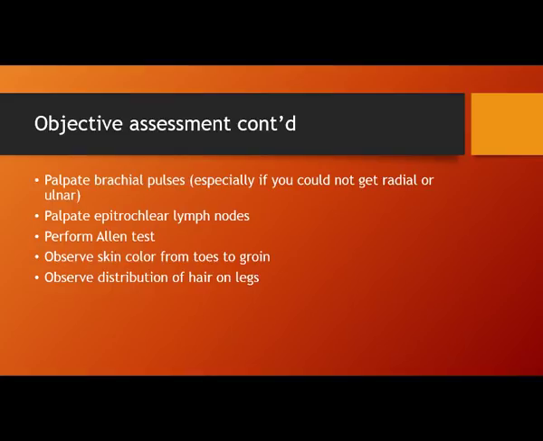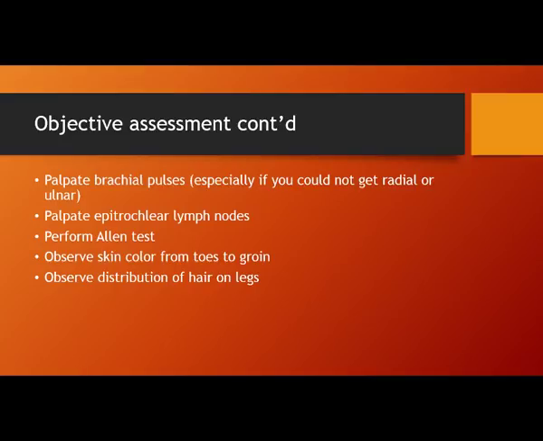Because usually the reason we're doing it is we plan to do a radial stick, either to put in an arterial line or to draw an arterial blood gas. So we want to make sure that if we mess up that artery, the ulnar circulation is adequate to perfuse the hand.